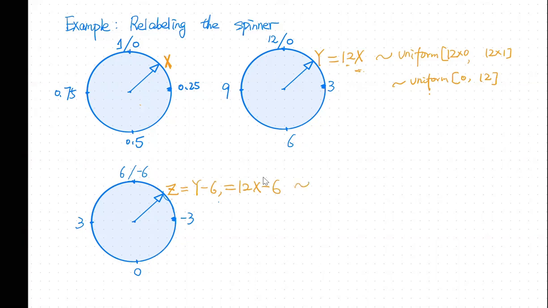So by the derivation we just had, this Z random variable should follow the uniform distribution from 12 times 0 minus 6 to 12 times 1 minus 6, which is the uniform distribution on the interval -6 to 6.